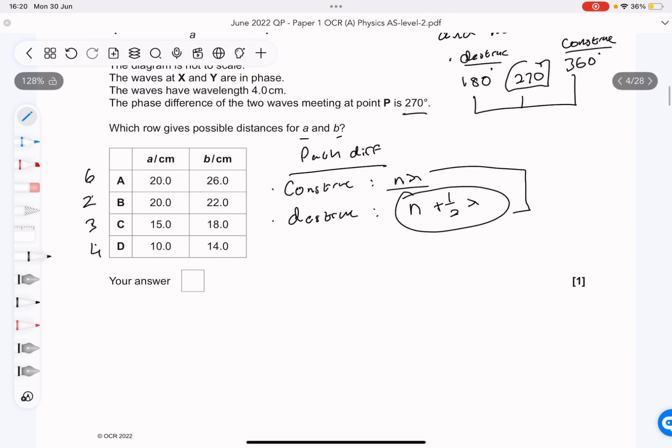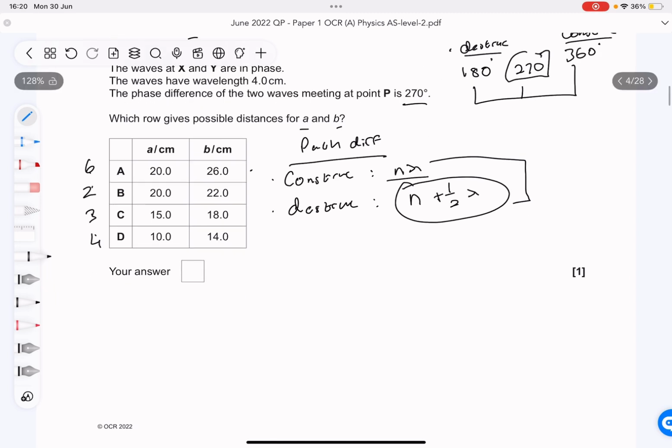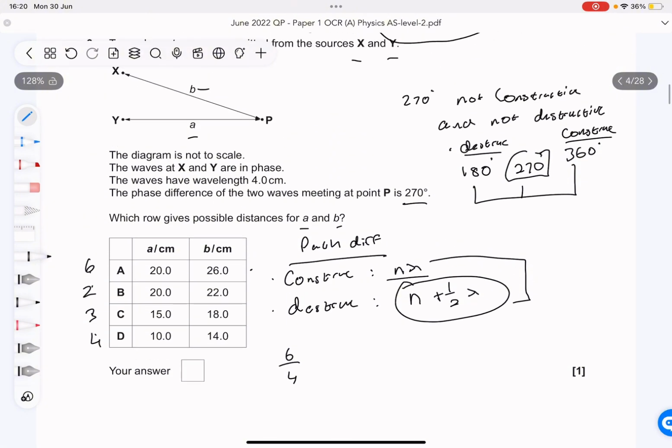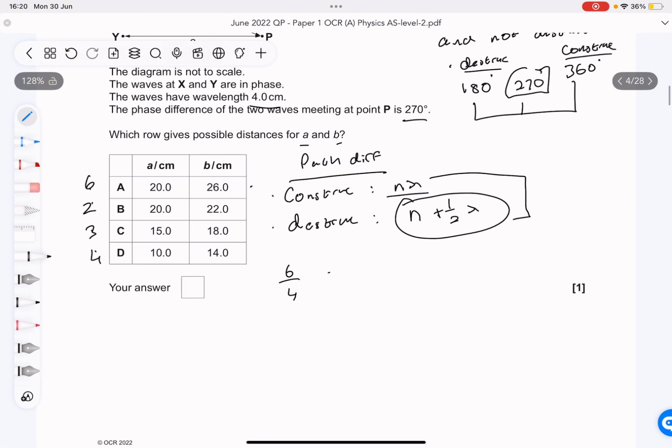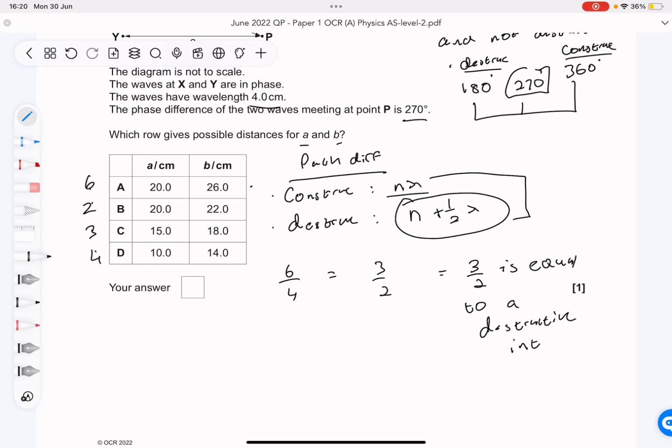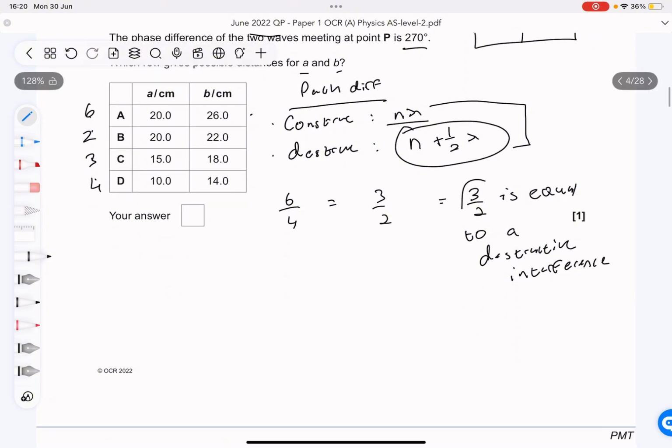Now, starting from A, 6 over 4, where 4 is the wavelength, is equal to 3 over 2, which is a multiple of a half. 3 over 2 is equal to a destructive interference, because it's n plus a half lambda.